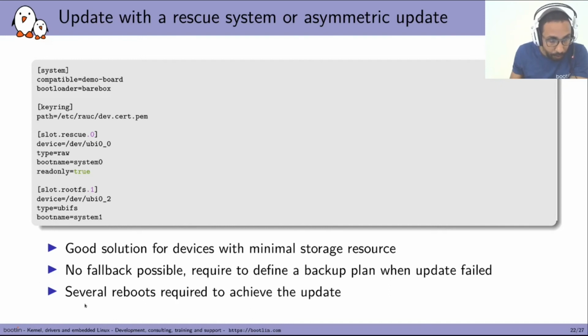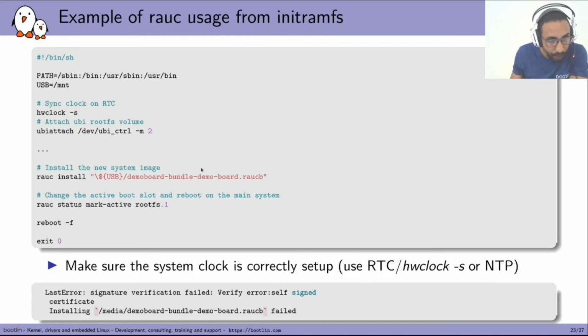And also you will need several boots to achieve your update from a rescue system. Here we have a typical example of a script that can be run from initramfs from the rescue system.